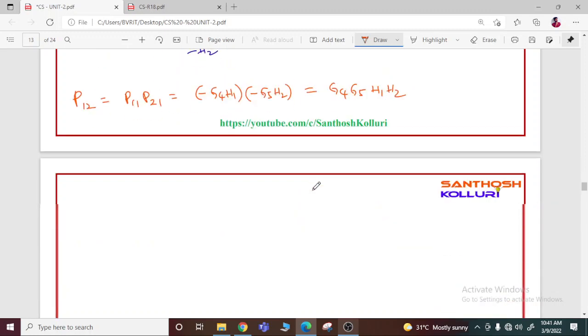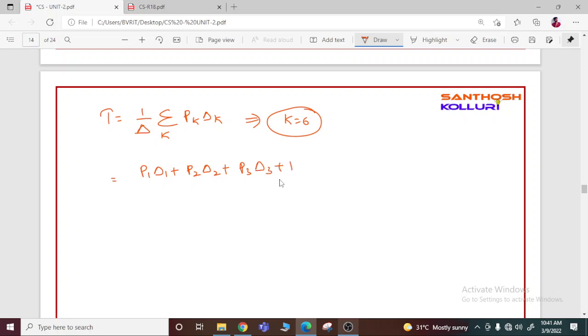Now we can expand the transfer function as shown, 1 by delta summation Pk delta k. So here k is equal to 6. Therefore we can expand this formula like P1 delta 1 plus P2 delta 2 plus P3 delta 3 plus P4 delta 4 plus P5 delta 5 plus P6 delta 6 divided by delta.